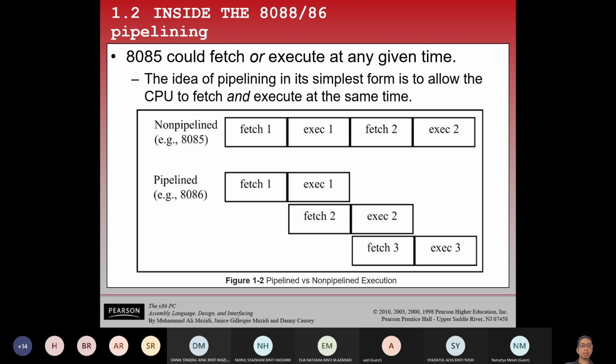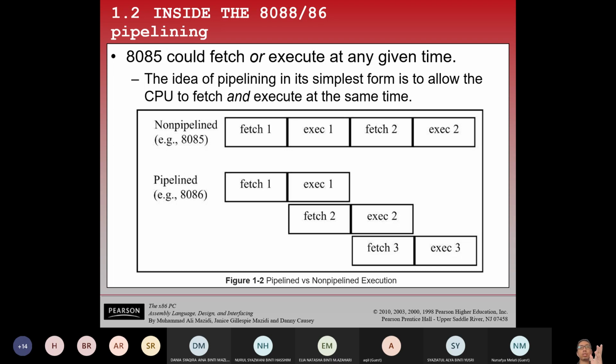As you can see, for a non-pipeline processor such as the 85, it is fetch and execute, fetch and execute, meaning that one command needs to be executed before waiting for the next command to come and then executing it. For the pipeline, you can do fetching and then execute.